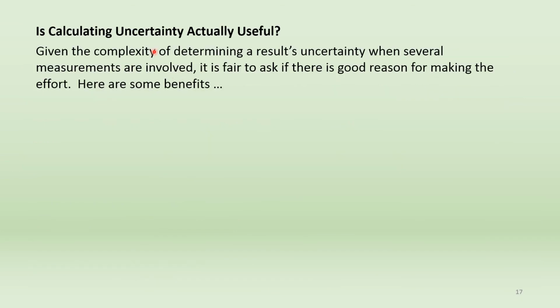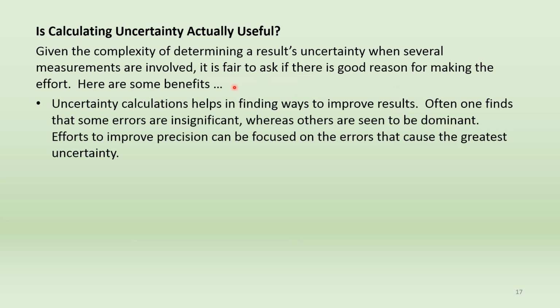Well, given the complexity of determining a result's uncertainty when several measurements are involved, it's fair to ask if there's good reason for making the effort, and it's a fair bit of effort. But there are some benefits. Uncertainty calculations help us find ways to improve results. Often one finds that some errors are relatively insignificant, whereas others are seen to be dominant.